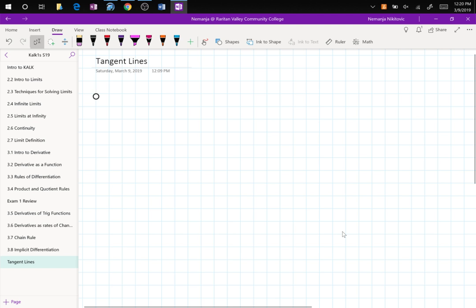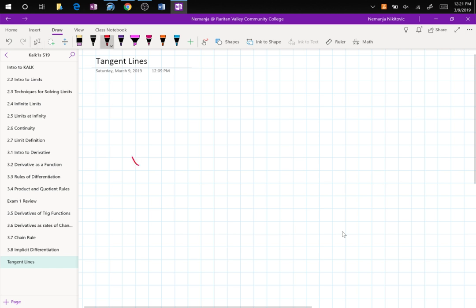Tangent lines are part of every section of chapter 3, and it's one of the most important problems of Calculus 1 and calculus in general, because we learned that the slope of the tangent line measures the change, and that the derivative function is the function which generates slopes of tangent lines. So finding the tangent line becomes the central problem of calculus.